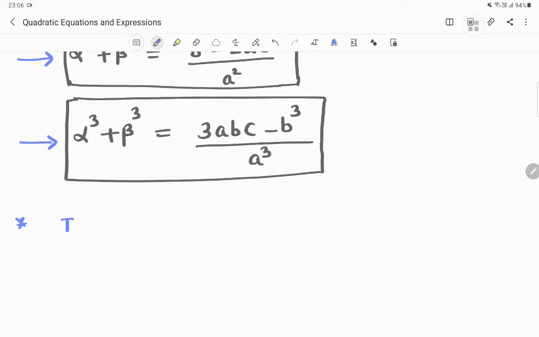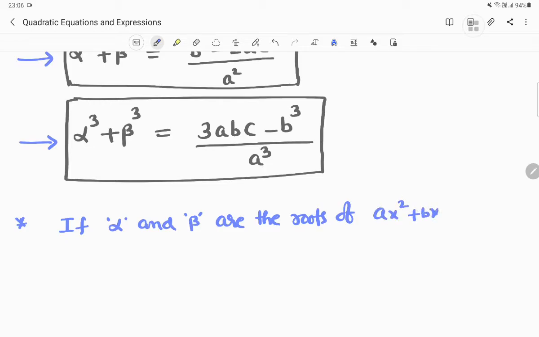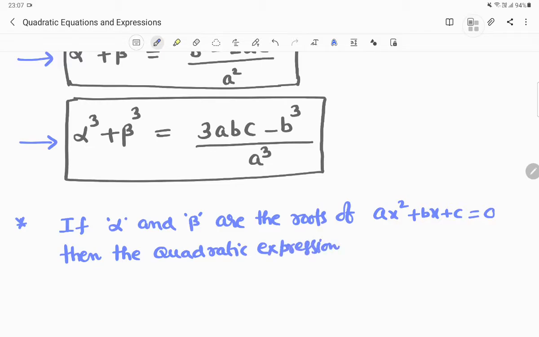After that, one important thing, we can express like this: if alpha and beta are the roots of ax square plus bx plus c equal to 0, then the quadratic expression can be taken otherwise as ax square plus bx plus c is equal to a, the x square coefficient, into, after that, alpha and beta are the roots, no?